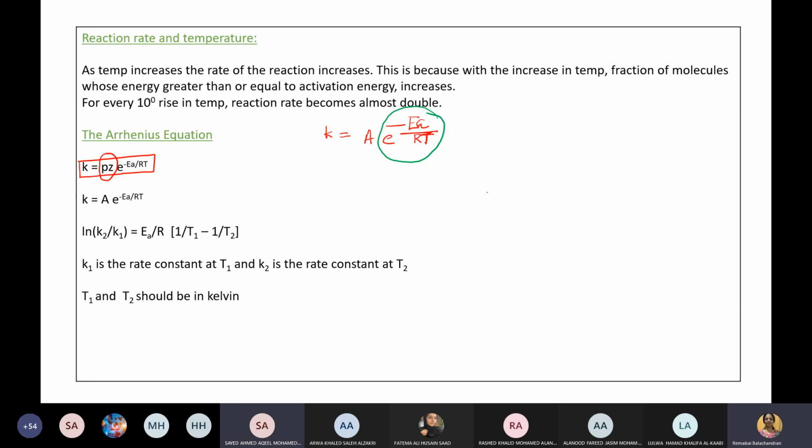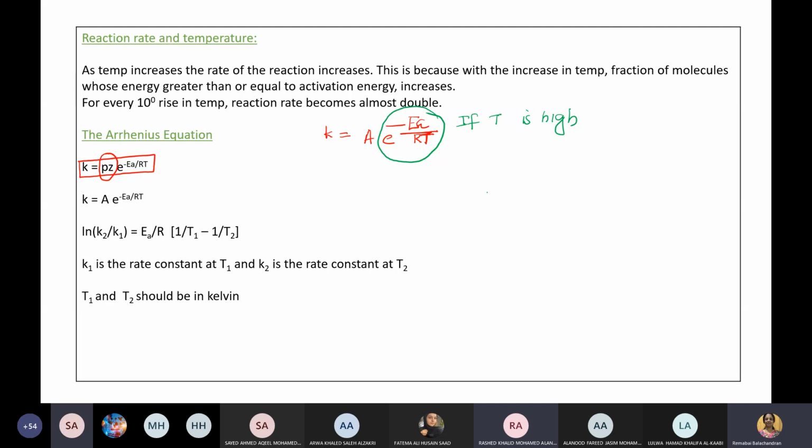Low. See, if T is high, the circled part will be low. Why? Because we are dividing by T.